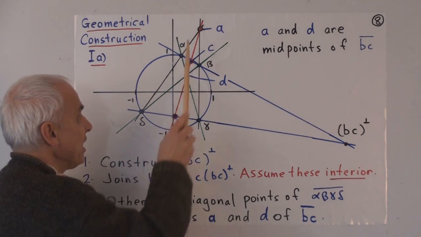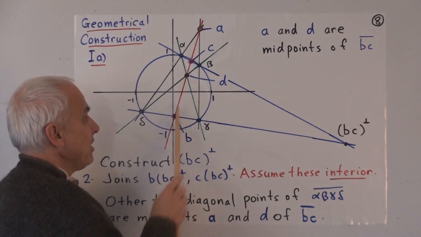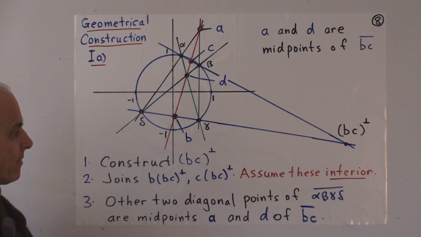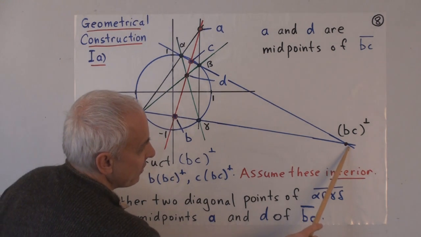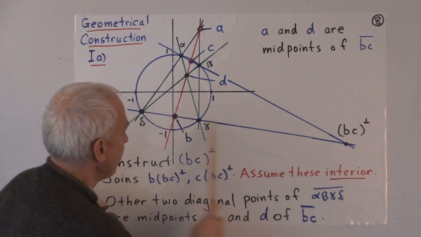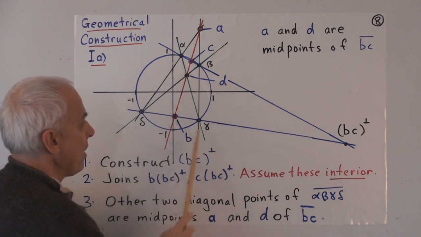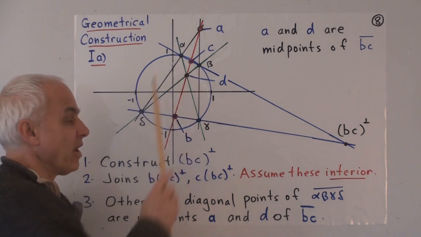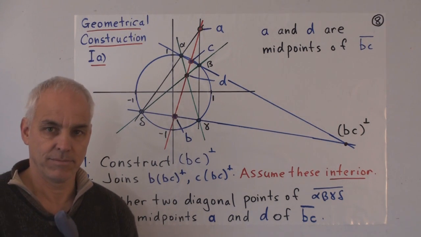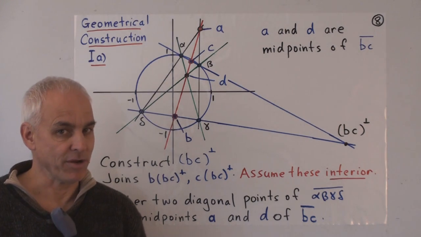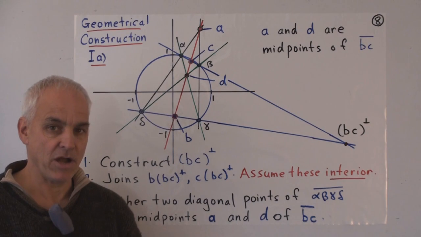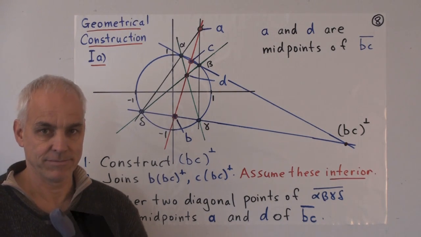So both the reflection in D and in A send B to C and C to B. And what makes this work is that these lines that we started by joining BC perp to the original points B and C were interior lines, that they actually did meet the null circle in 4 points. That's an assumption that's valid in this sort of geometrical situation, but it may not always be valid.